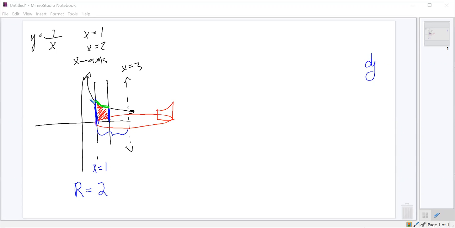Does everybody see that? Yeah. Okay, so I'm going to have 2 different inner radii, and that means I'm going to have to do 2 different integrals. One from the bottom up to this point, and then one from that point up to the top. Conceptually, is that okay with everybody, since the inner radius changes?